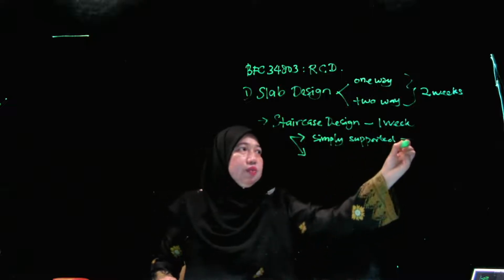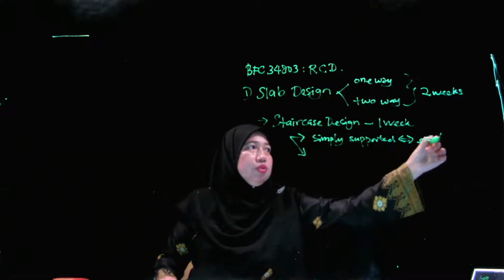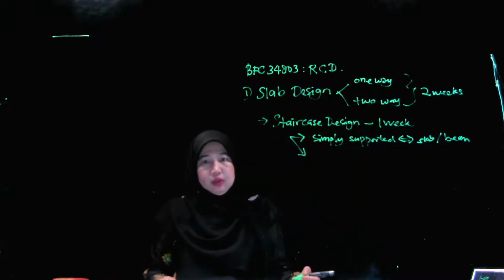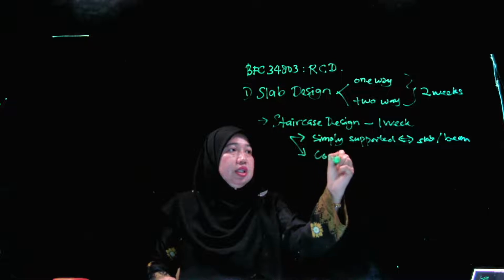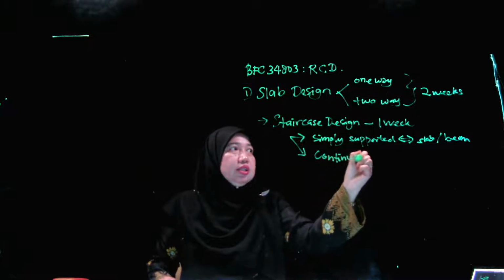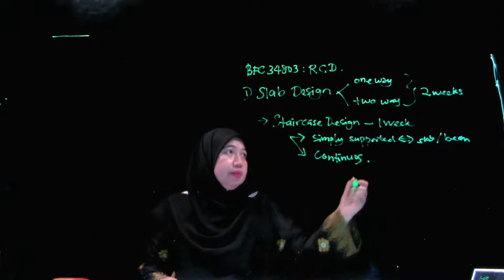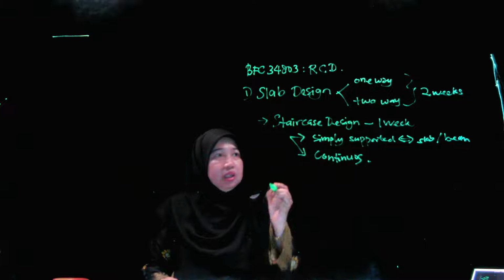This one we will design as a slab and also as a beam. The second one is continuous staircase, continuous beam or slab. Okay, so this is for the slab design.